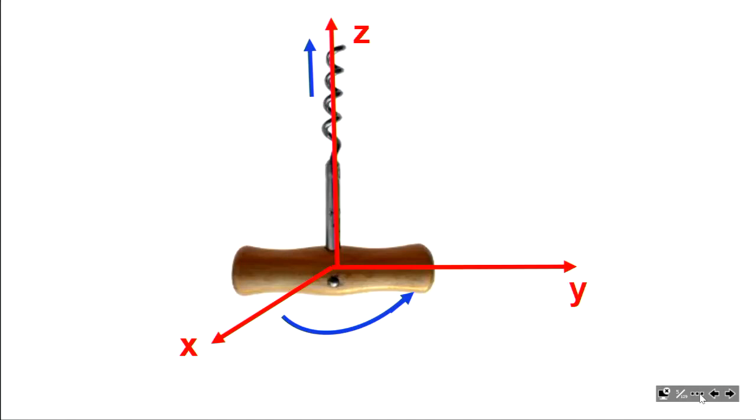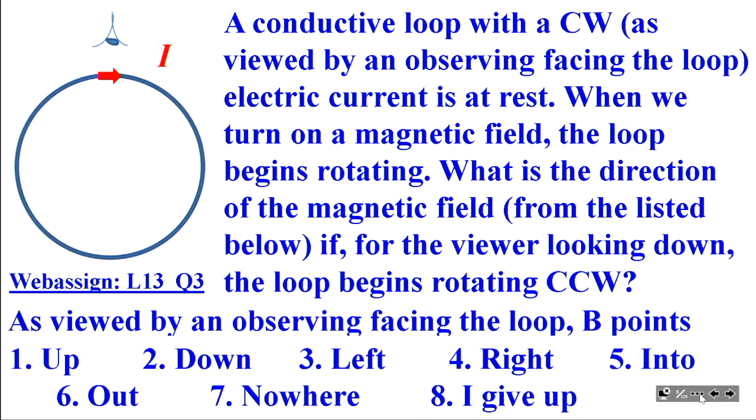There's a left one, we don't use it. If you spin X axis toward Y axis by the shortest path, the corkscrew would move in the direction of Z axis. So they're related. And now you can just forget everything I said and just practice using the right-hand rule depending on the situation.